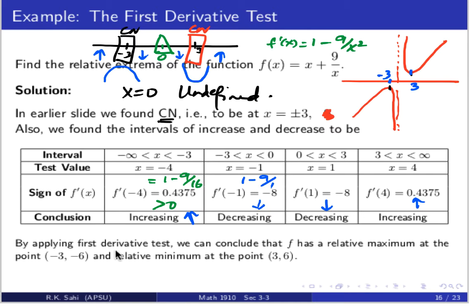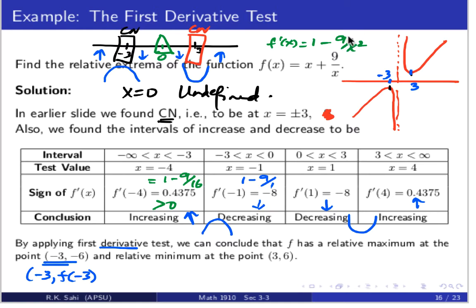Then we applied the first derivative test for the maxima and the minima. We conclude that the function has a relative maximum at the point -3, f of -3.